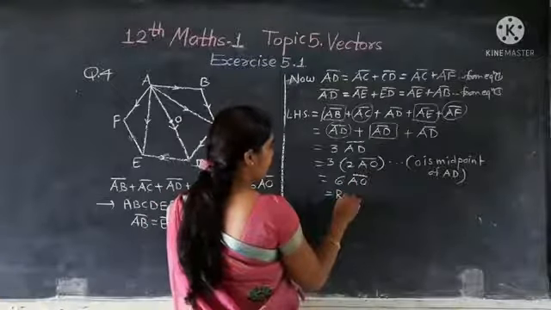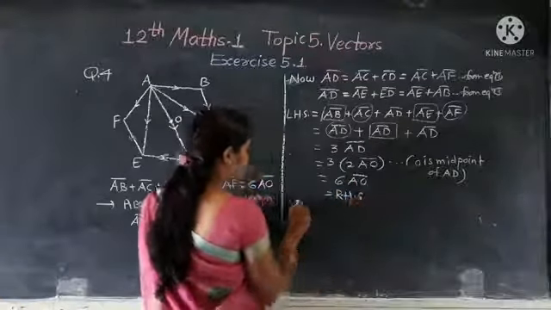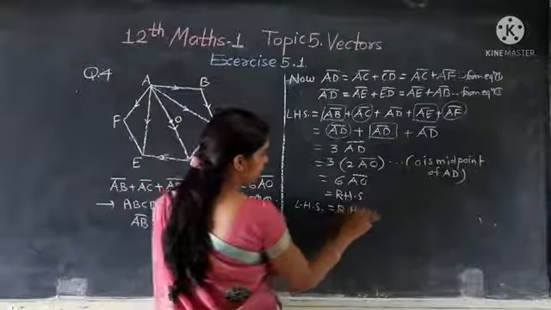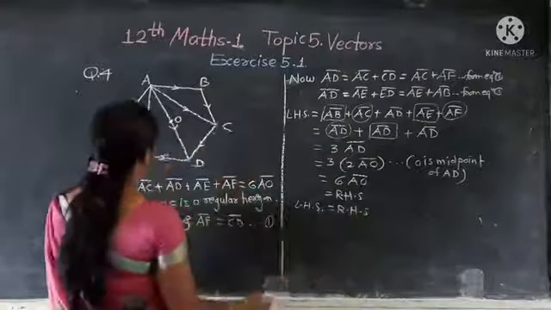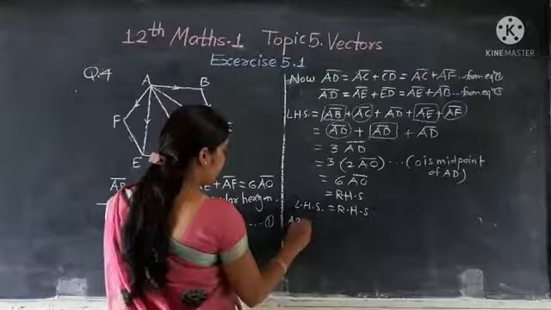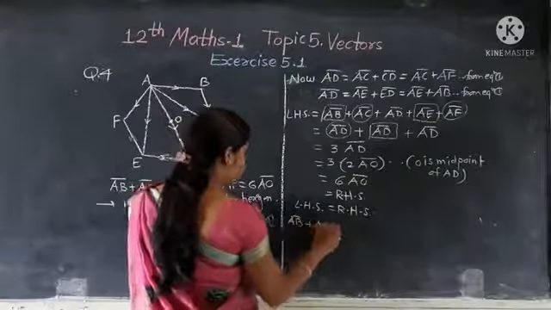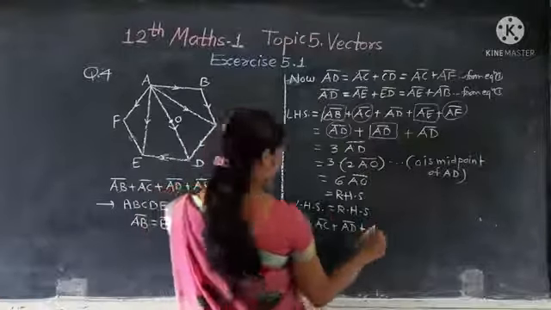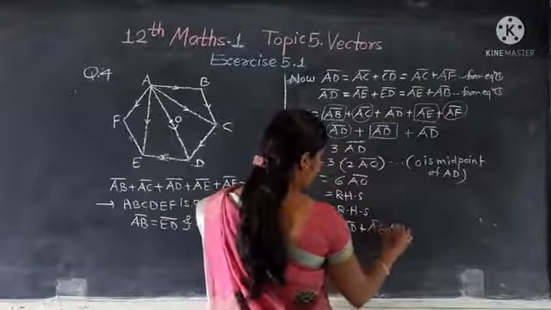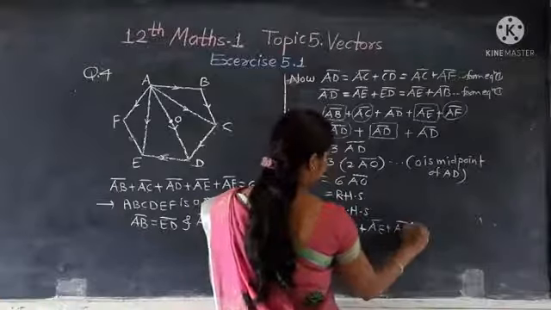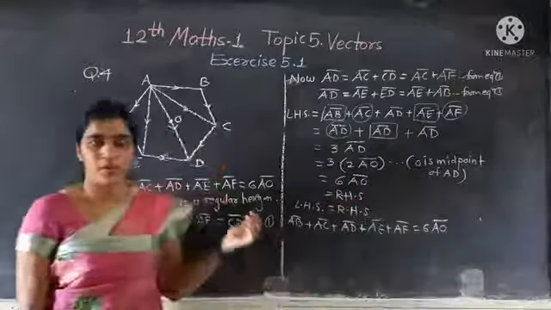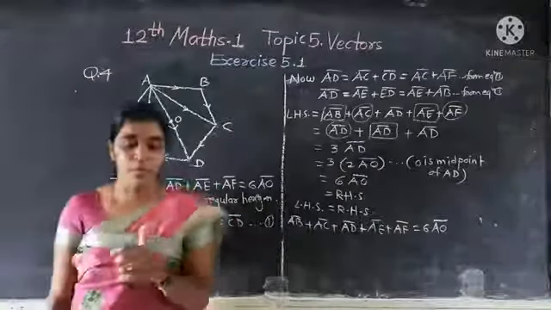It is nothing but RHS. So we get here LHS is equal to RHS. That is, AB bar plus AC bar plus AD bar plus AE bar plus AF bar is equal to 6 AO bar. Okay, here we completed question number 4.